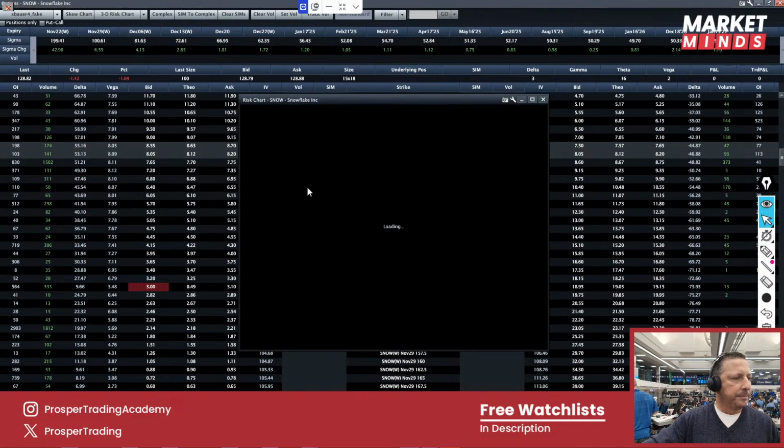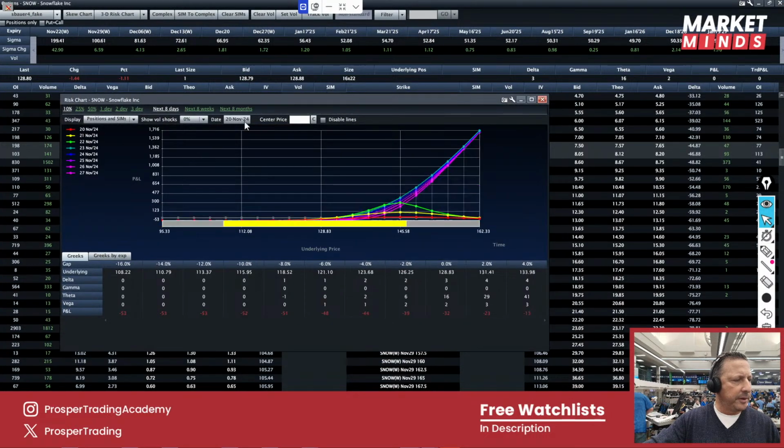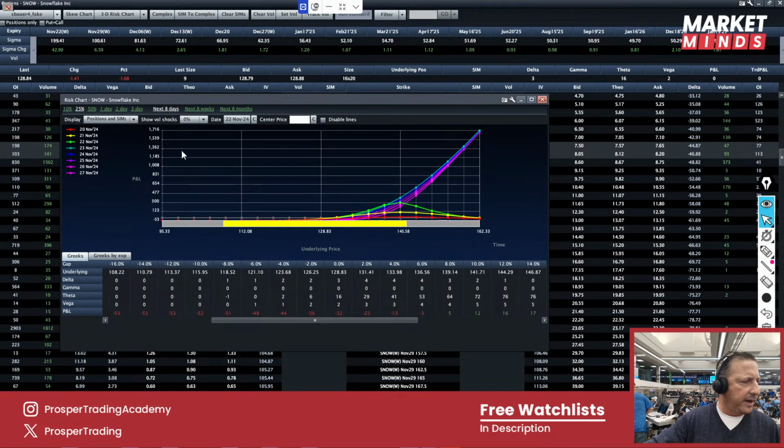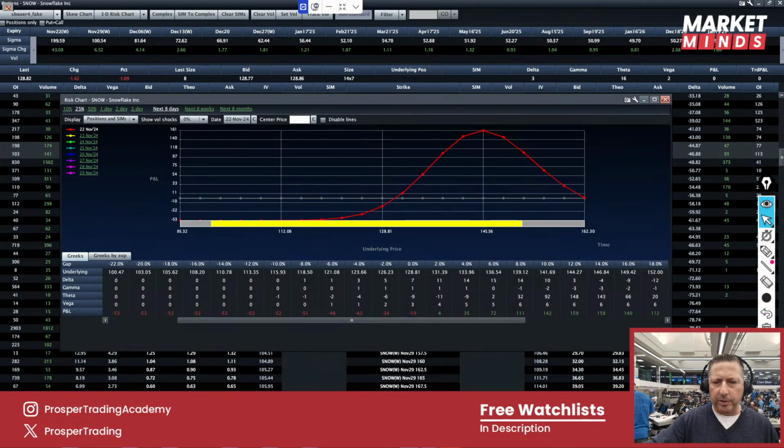Here is a chart. Let me put this out to Friday. You put on this bullish calendar call spread, and let's say we get to 145.